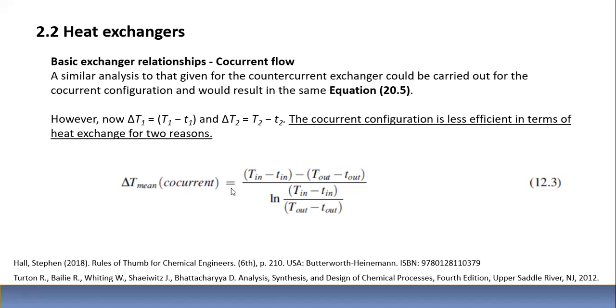So what we're seeing is the temperature difference between the hot and cold streams coming in on the same side, minus the temperature difference on the other side, and then the natural log of the temperature difference coming in divided by the temperature difference coming out. So that will be the log mean temperature difference of the concurrent configuration. And we don't have a correction factor in here.